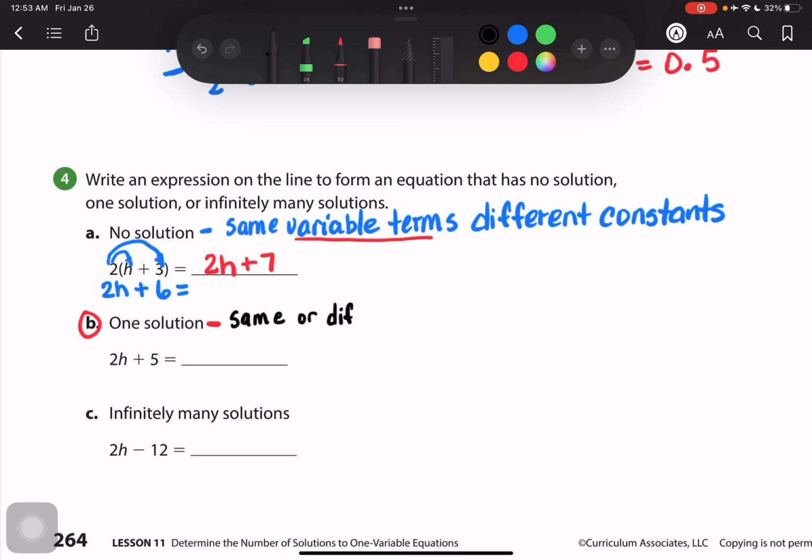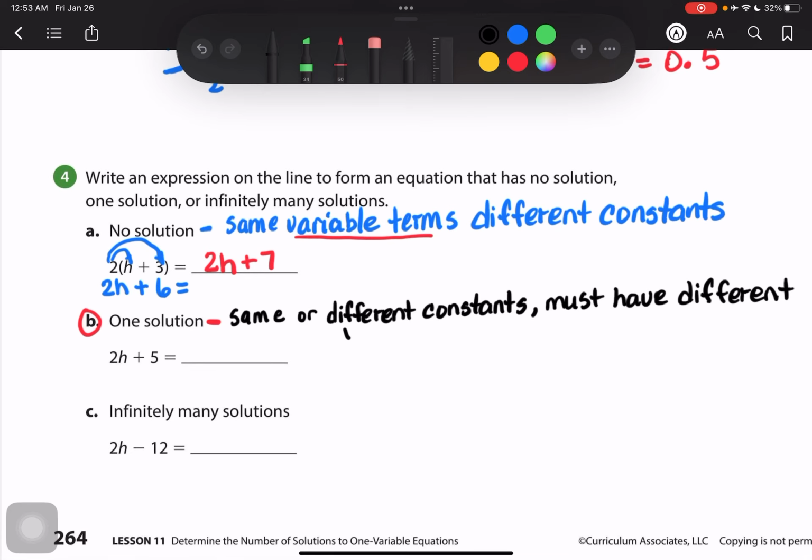It doesn't matter what the number is. The numbers for the constants could be the same or they could be different. But you must have different variable terms. In other words, different coefficients.